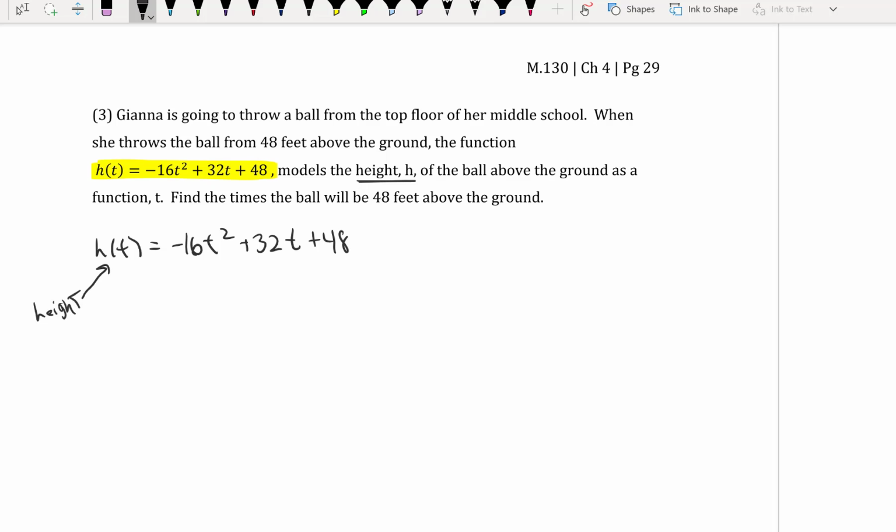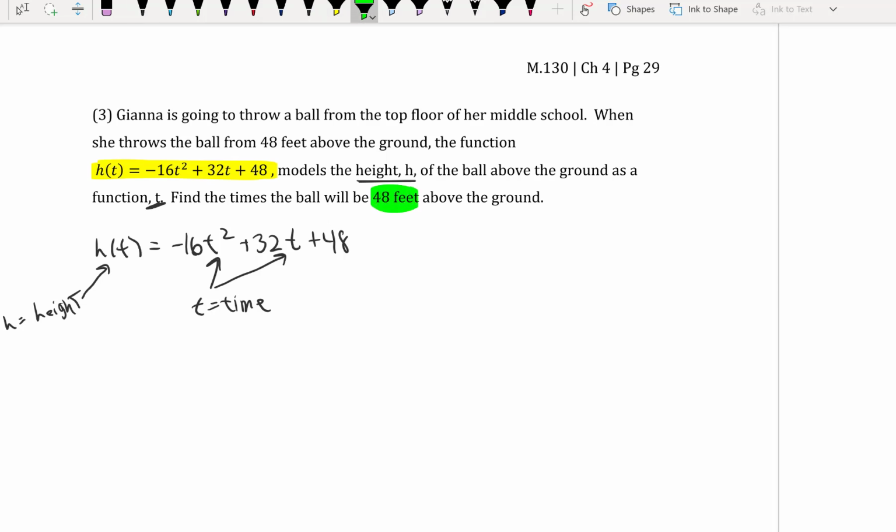They also know that you're going to have time, t. And don't forget, your h is equal to your height and t is equal to your time. So we want to know, find the times the ball will be 48 feet above the ground.